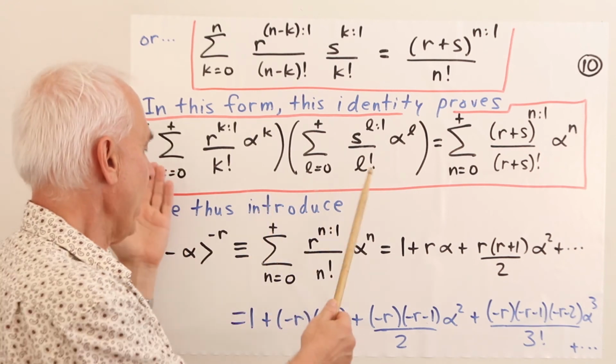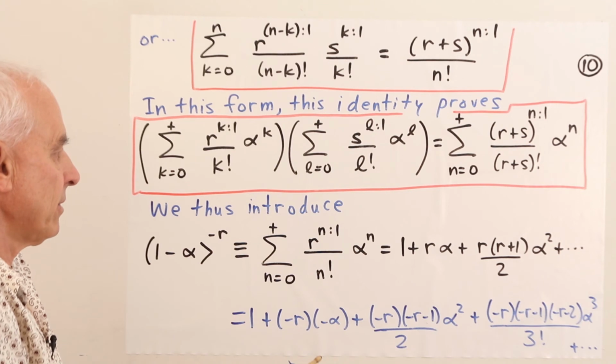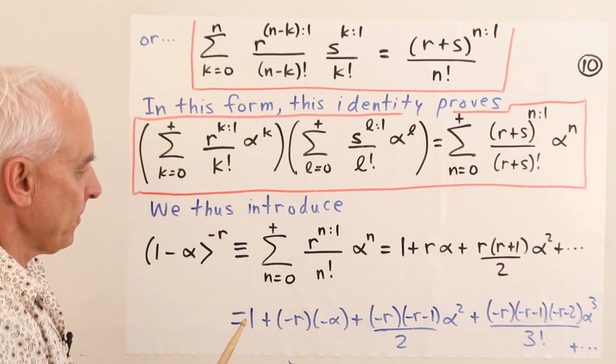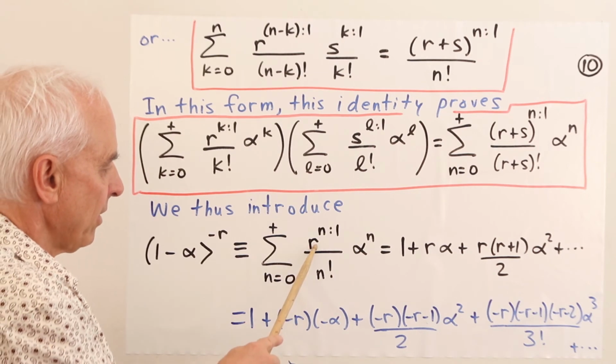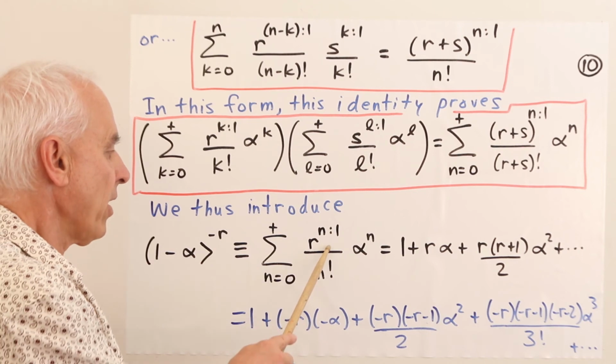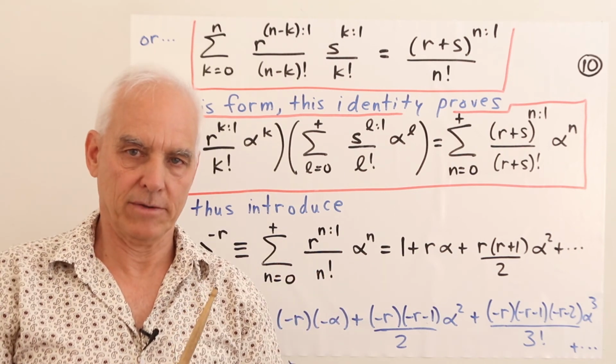So that motivates us to introduce this new kind of object, which is a Pauli series which has the rising powers of r divided by factorials as the coefficients of the alpha to the n.